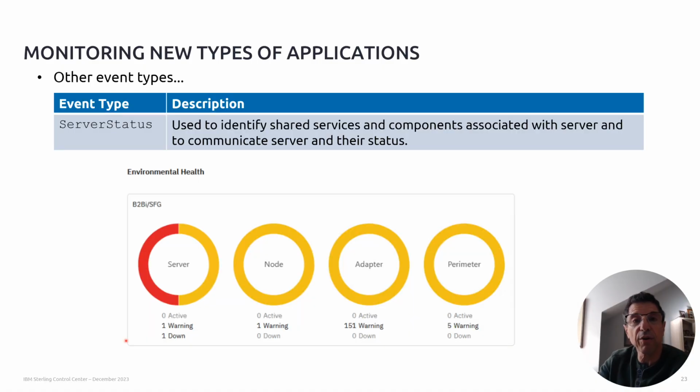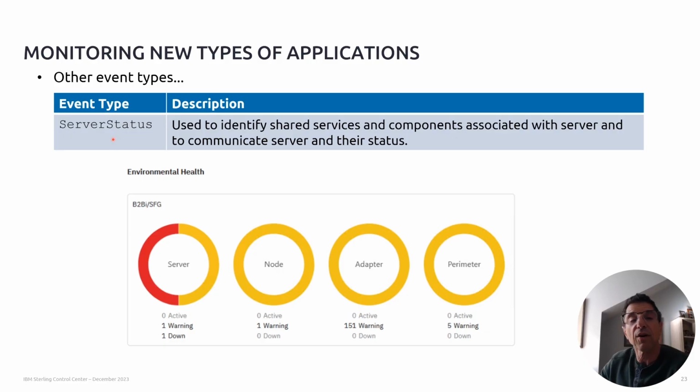There are other event types that you'll probably use. Server status is one. It's used to identify the shared services and components associated with a server. And you can use them to communicate the status of those services and components.